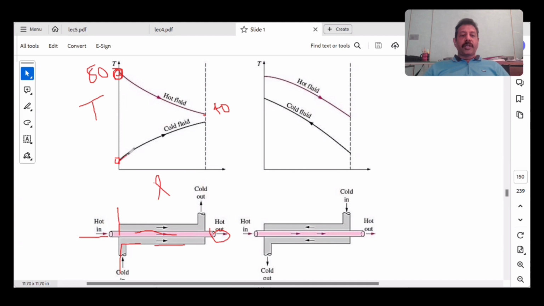As it flows through the heat exchanger, it gains heat from the hot fluid, and the temperature keeps on rising, and it reaches some temperature. Logically, what temperature? See, say it enters at 25 degrees. Right? If it enters at 25 degrees, it keeps on gaining, 26, 27 and so on.